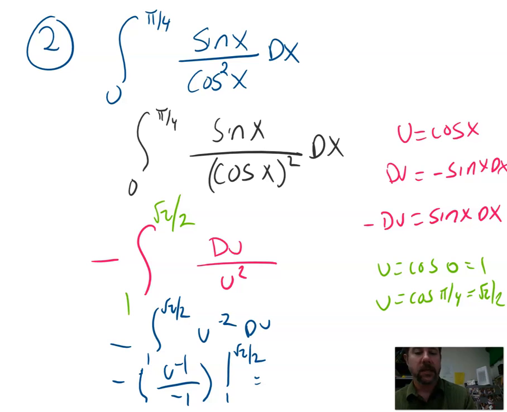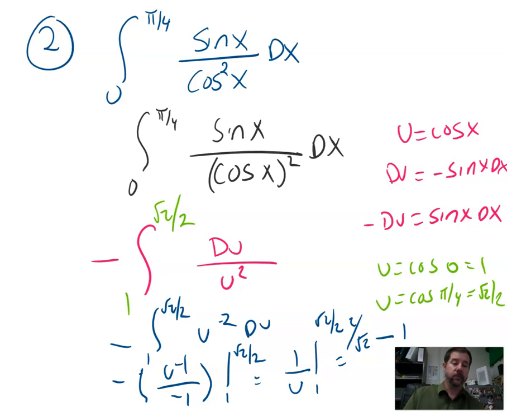Equals, this is really now negative, and a negative is a positive. So this is 1 over u evaluated from 1 to root 2 over 2. So this is 1 over root 2 over 2, which is 2 over root 2, minus 1 over 1, which is 1. And I would probably just stop right there and leave my answer like that.